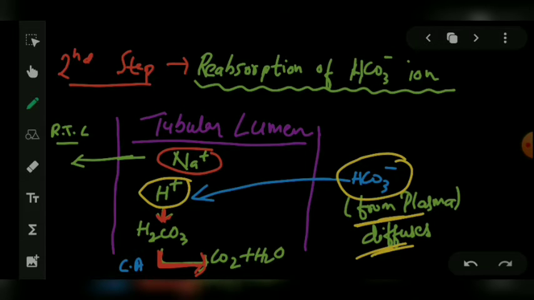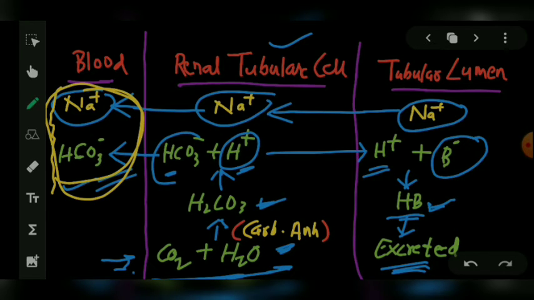So this process is going on in the tubular lumen, and Na plus is already present, we know, and from this tubular lumen the first process begins. You can see here that it is CO2 plus H2O, and in the first step also we can see CO2 and H2O.